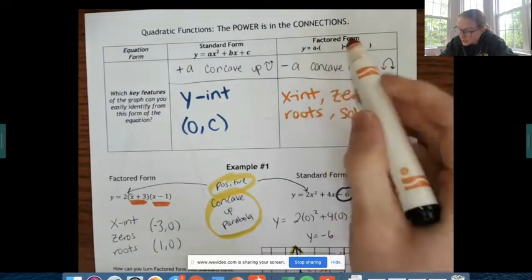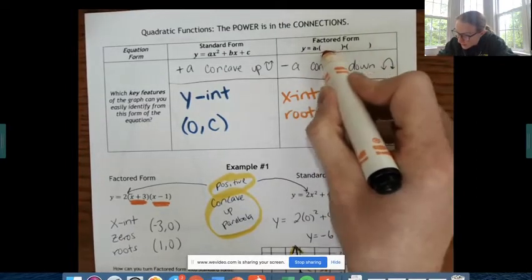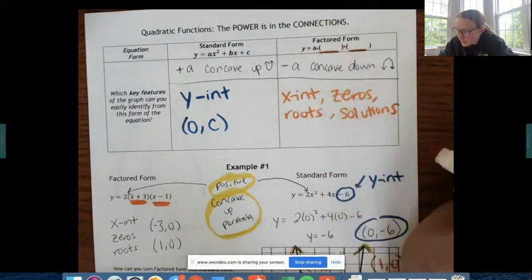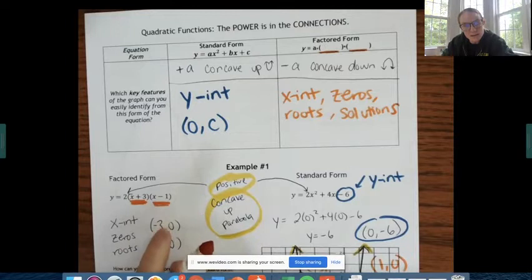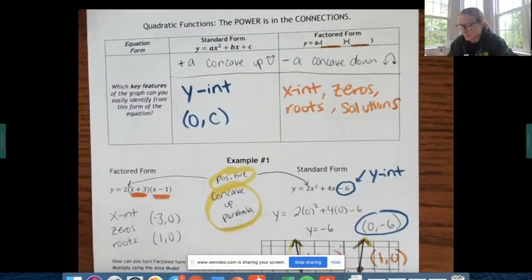And those x-intercepts are going to come from these factors. And it's going to come from the opposite value of what you see. So here we saw a positive 3, but the root was at negative 3. And here this said negative 1, but the root was at positive 1. All right, so we're starting to learn about some connections.